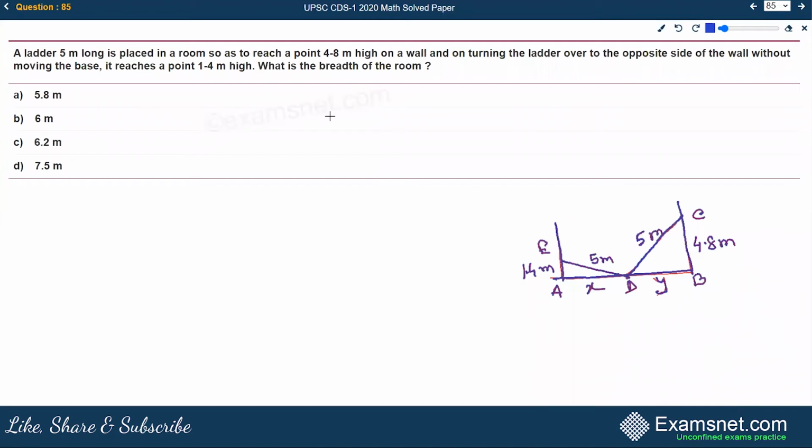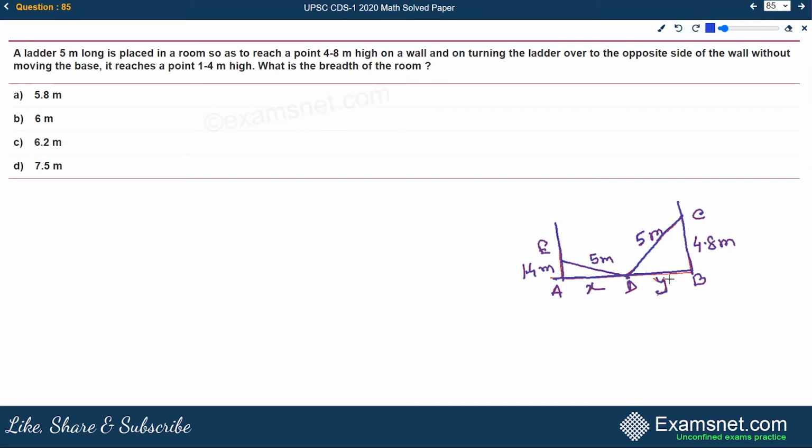In question number 85, we are given that a ladder 5 meters long is placed in a room so as to reach a point 4.8 meters high on a wall. I have already done the figure. On turning the ladder over to the opposite side of the wall without moving the base, D is the base of the ladder, it reaches a point only 1.4 meters high.